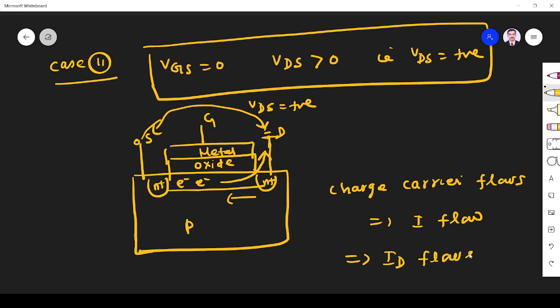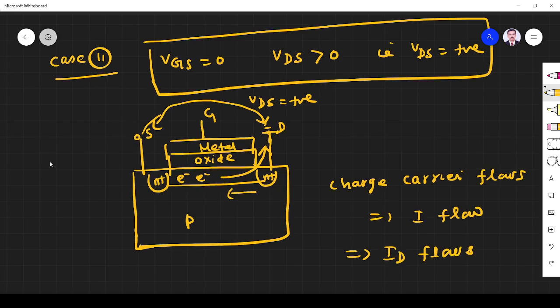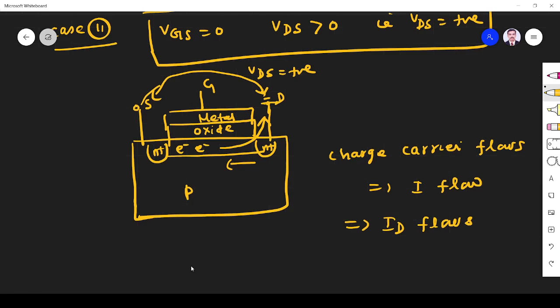ID starts flowing, and this is the point we have to remember. When you increase VDS, ID also increases. Under what case? When VGS is equal to 0, when you increase VDS, ID also increases.